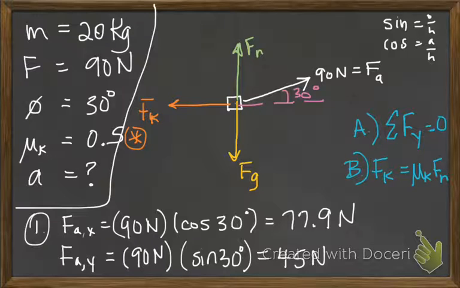Because what does Part B use that we don't have a number for yet? The normal force. So that's why you have to find the sum of your forces in the y direction, because you're going to find your normal force in Part A so that you can turn around and use it in Part B. So that's why we have to do that step first, and then we'll do Part B.